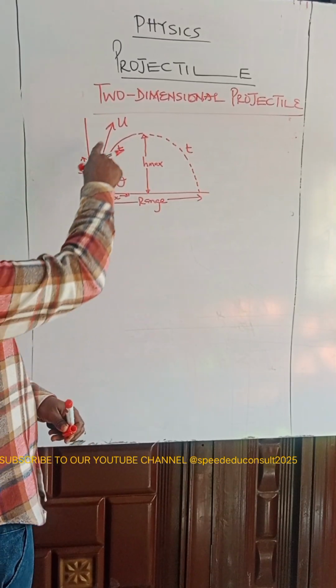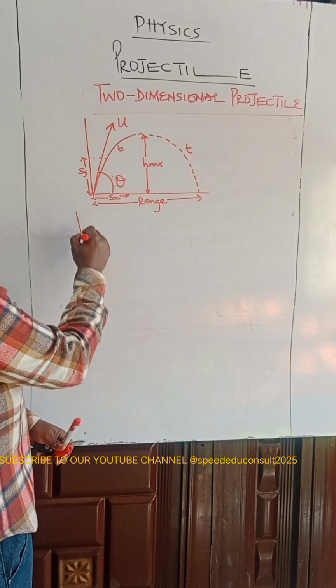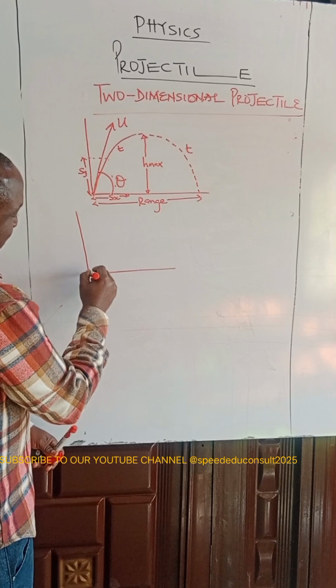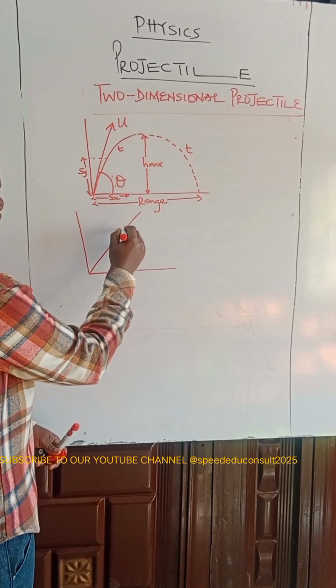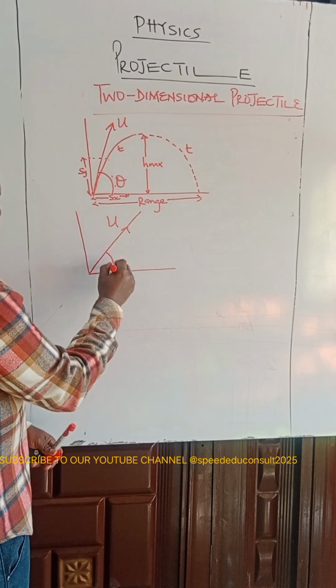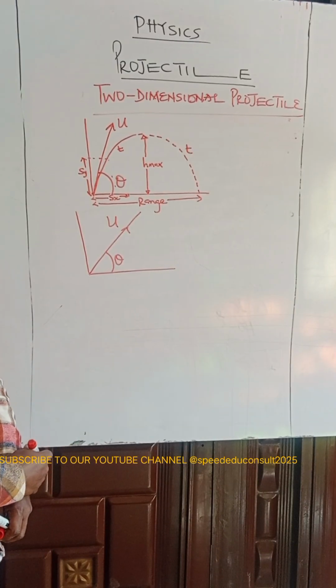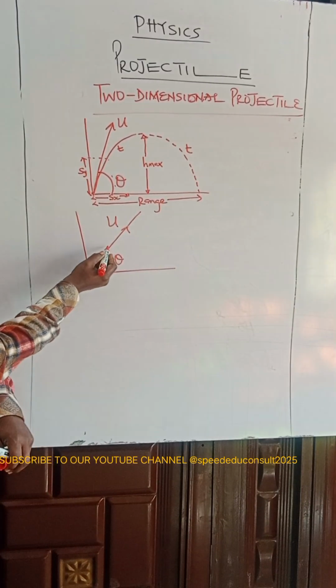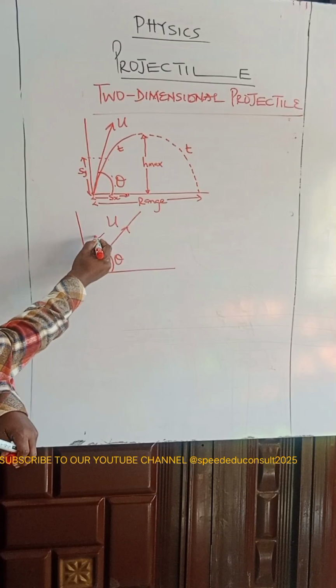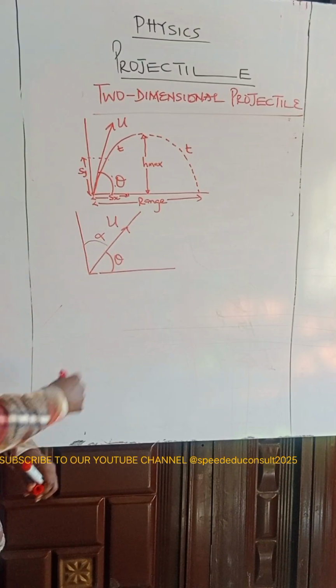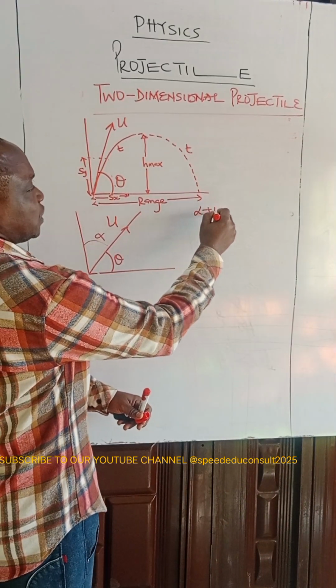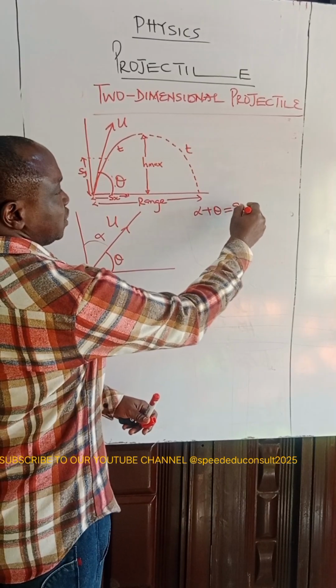So in the syllabus, this u is now inclined to the horizontal. We have u here and theta here. We have seen it in JAMB where they will give you the angle to the vertical. If the angle to the vertical is given, definitely alpha plus theta is equal to 90 degrees.